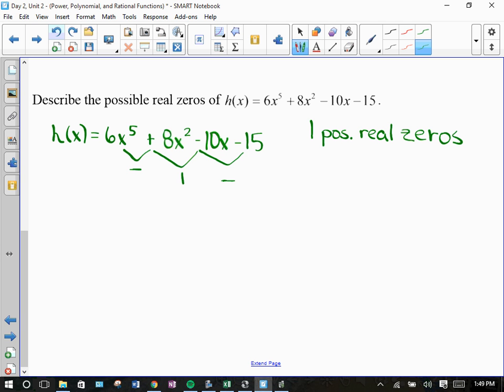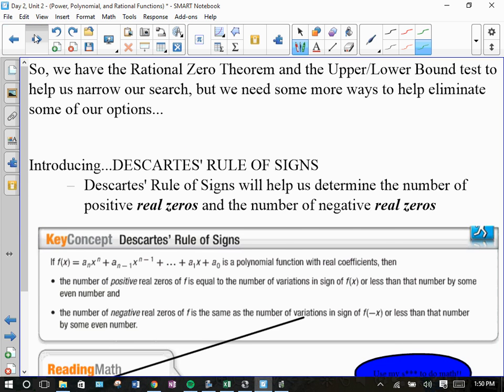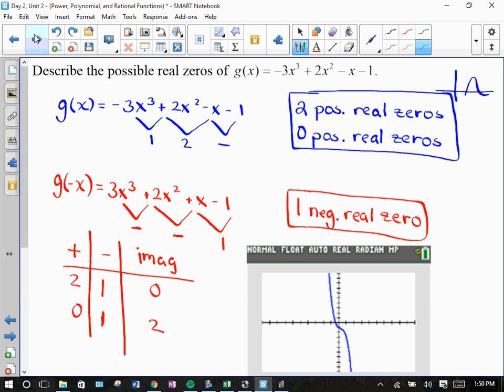Actually, hold on, if we make the x in h of x negative, that's talking about negative real zeros. I want to know, are there any other possible options? Do we know for a fact that there's definitely one positive real zero, or are there other options like we had up there where you had a 2 or a 0?